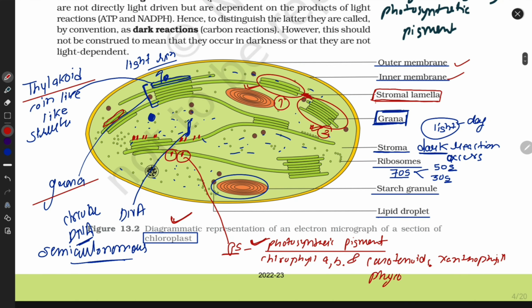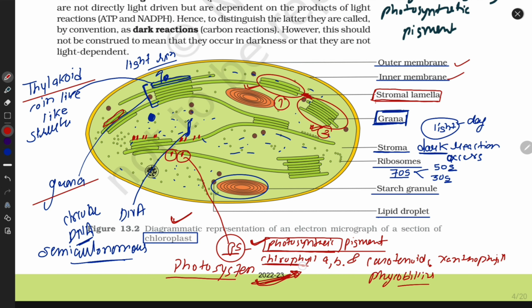Phycobilin is also a photosynthetic pigment. So what do photosystems contain? They contain those pigments that are responsible for photosynthesis.